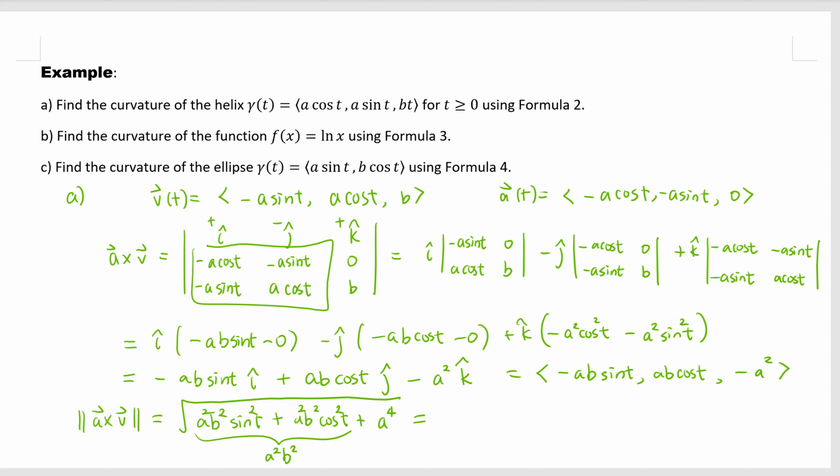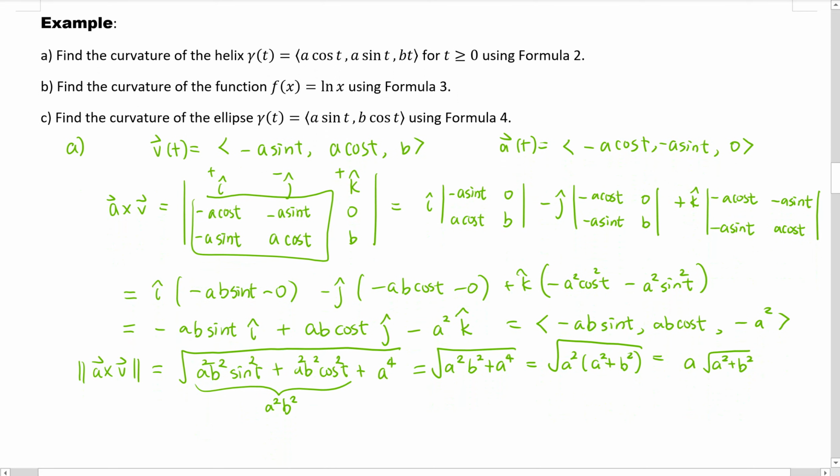So we have the square root of a squared b squared plus a to the 4th. Here we can factor a squared, then we have a squared plus b squared. Taking the square root, if a is positive, then the square root of a squared is just a. Then we have the square root of a squared plus b squared.